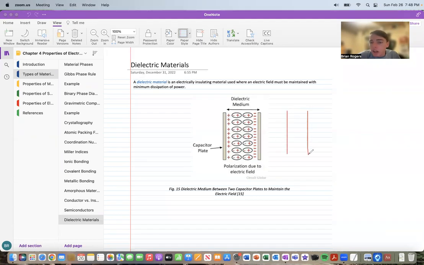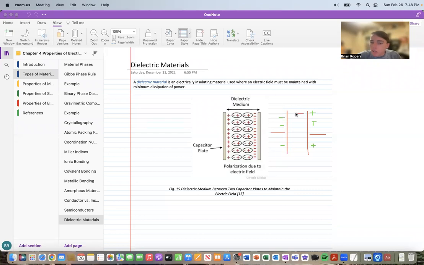So when you have a capacitor, we're going to dive a little into this within this chapter, but it just has a separation of charge across it. And so we notice this separation of charge here, and an electric field is going to build up.